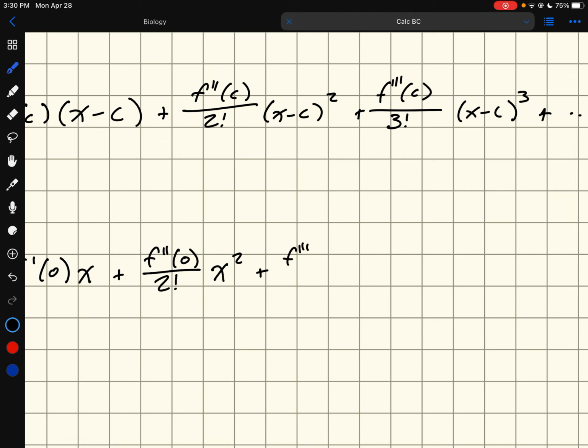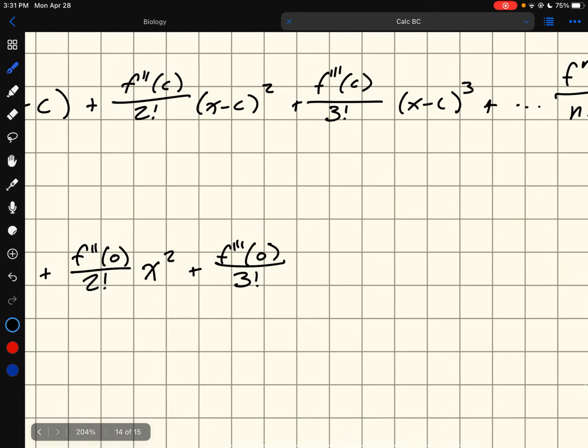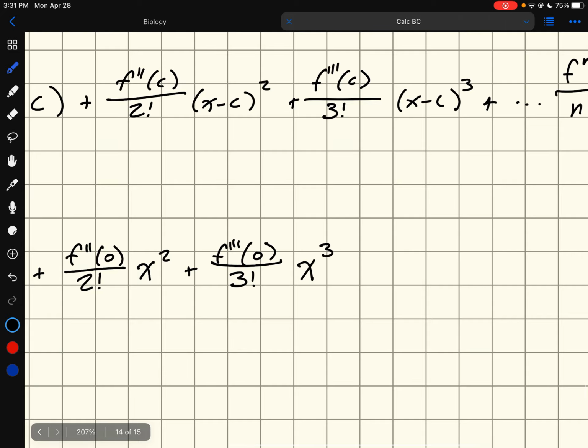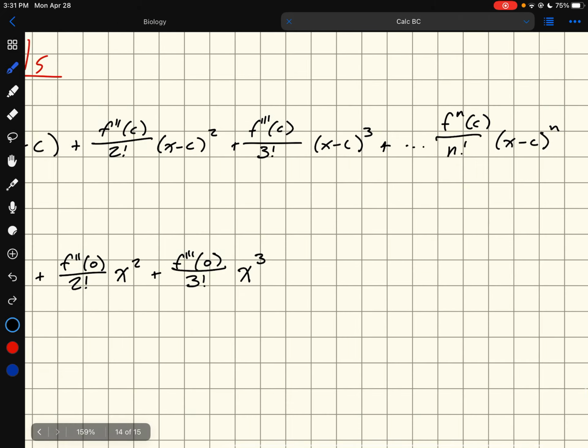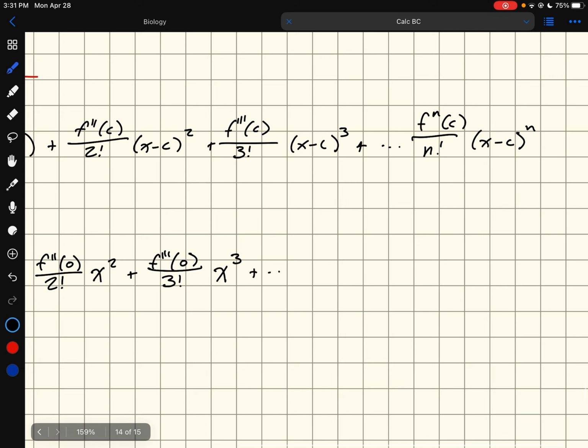Let's write out one more term so you can see. Increase the derivative by 1 again, increase the factorial by 1, increase the exponent of the x by 1, and then it's just going to keep on going, dot, dot, dot. So this time it would be f to the n of 0 over n factorial times x to the n.